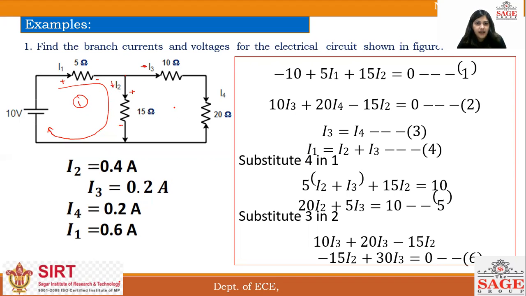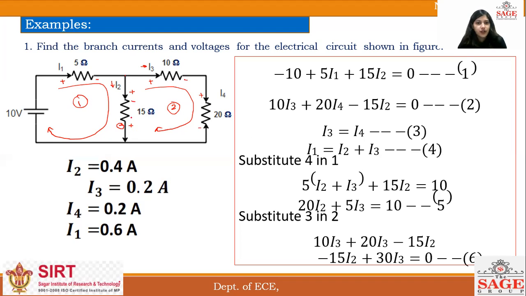Now in the second loop, we will apply KVL. We will start with this 10 plus, minus, plus, minus: 10 into I3 plus 20 into I4 and minus 15 into I2, because I2 is flowing, we will consider the direction of I2, is equal to 0.